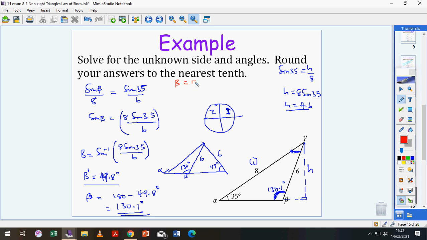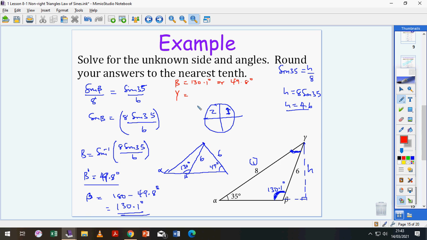How about gamma? Well, when beta is 130, gamma is, remember, 180, the interior angle sum of a triangle. So 35 plus 130.1, and then take that away from 180 is 14.9. That will be 14.9 degrees.